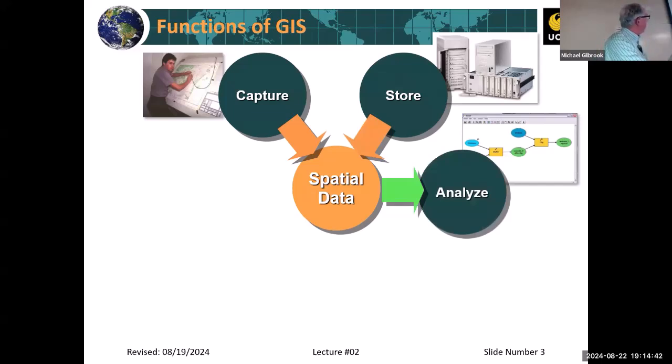You have to have the ability to analyze spatial data. So what do we mean by that? Now, Google Maps does have some limited spatial analysis capability. When you ask it, what's the best way to get from here to the nearest Starbucks? It has to find the nearest Starbucks, and then it has to figure out where you are, or you tell it where you are, and then it has to figure out what's the best route, perhaps based on traffic, to get you from here to the Starbucks, right?